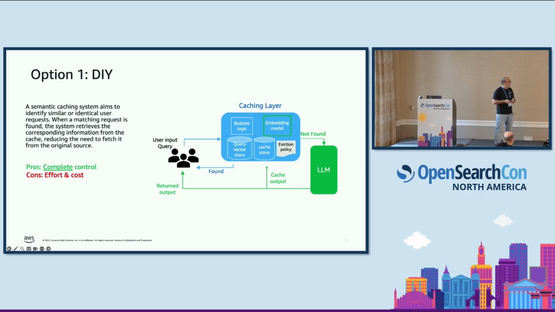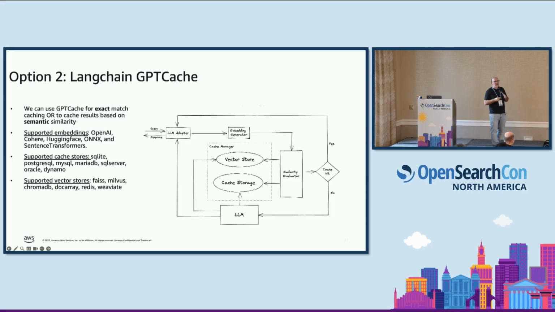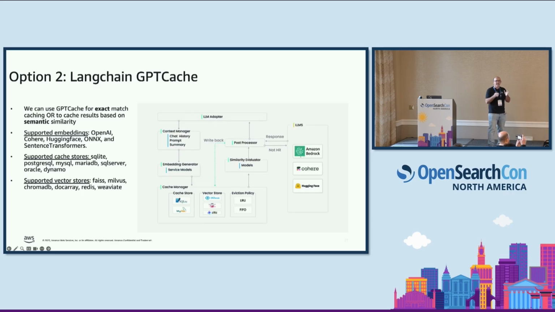Another option, which I'm not going to deep dive into, is an open source framework which was introduced into the LangChain framework. It's called GPT Cache. What they did is implement a lot of interfaces for those different components. So they have an interface for a number of cache stores and vector stores, and they have their own built-in eviction policies.